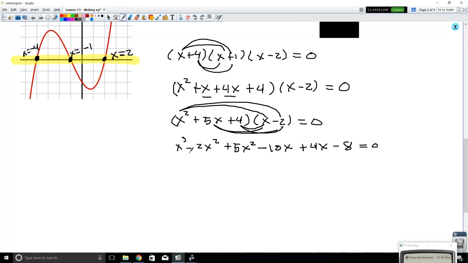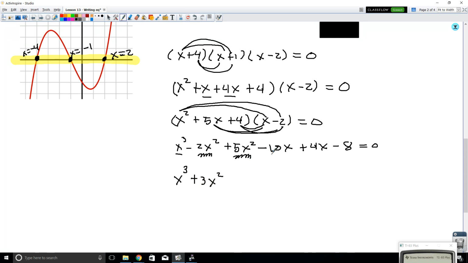Cool. Technically, this is your solution, but you want to combine like terms. So let's look here. X to the third. Is there another x to the third that you can combine? No? Well, let me just bring it down here. X to the second. I see that I can combine it with this x to the second. So -2x squared plus 5x squared gives me 3x squared.